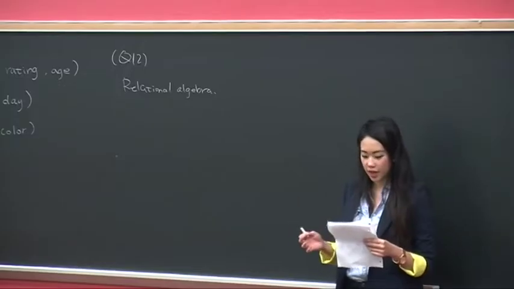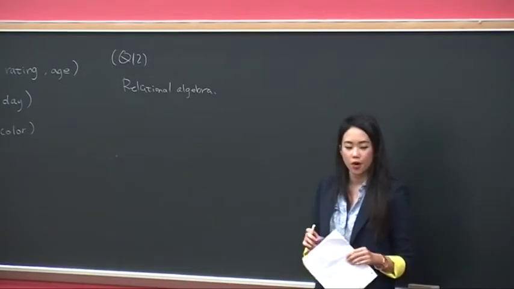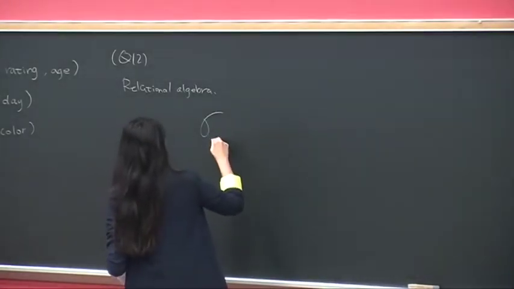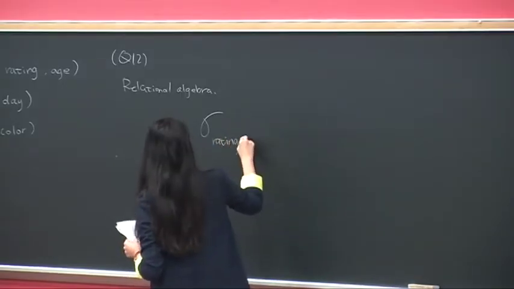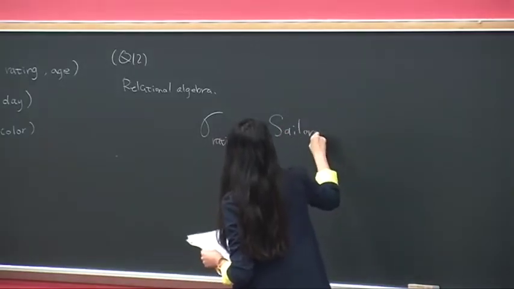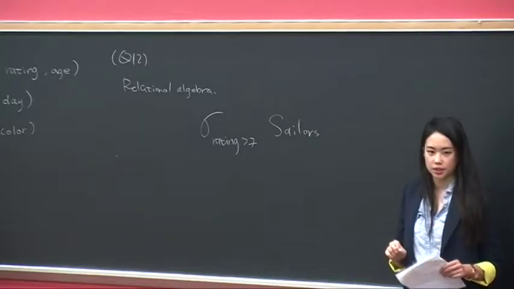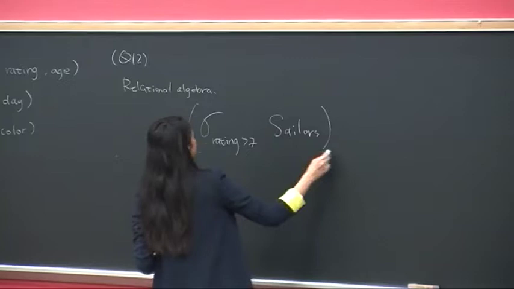We want to first find the sailors who have ratings over 7. So we will use what? Selection. Select on what? Rating greater than 7. And then we apply this to sailors, right? And what's the next step if we want names and ages? I project on the name and the age.